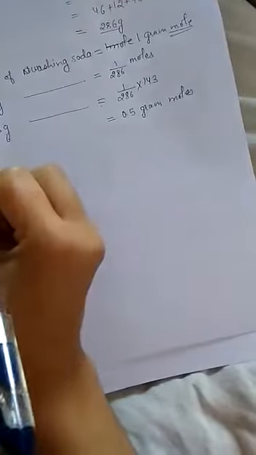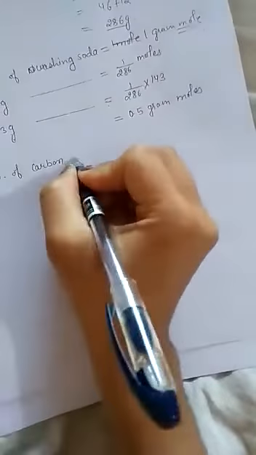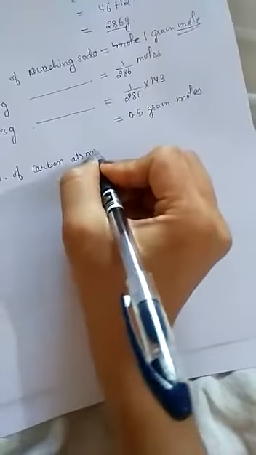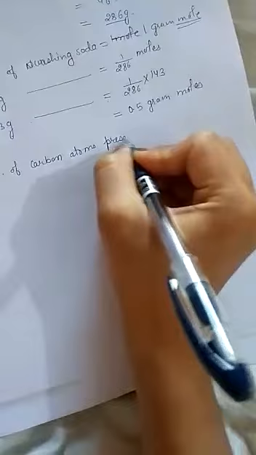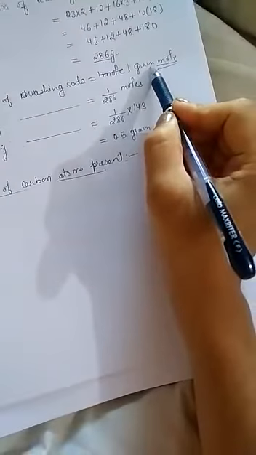Now from here you will calculate the number of carbon atoms present. Now see, 286 gram is equal to 1 mole. And 1 mole contains how many carbon? 1 carbon.